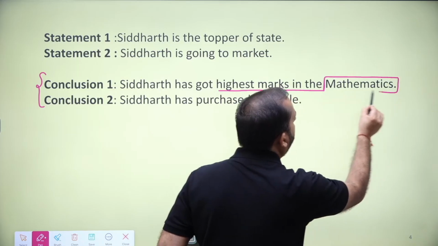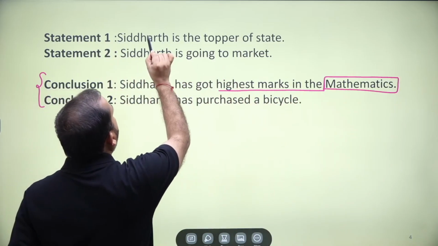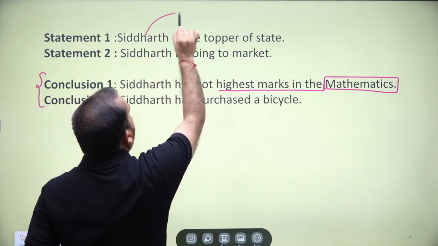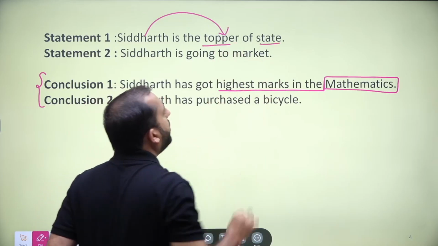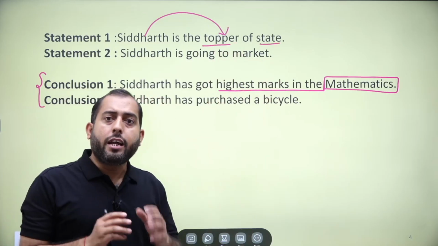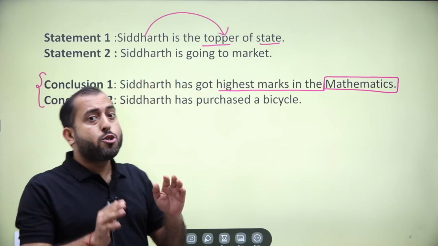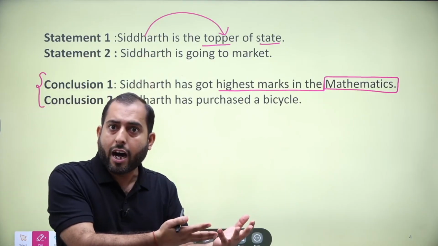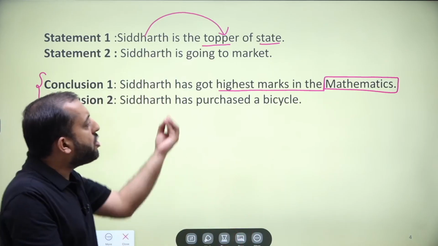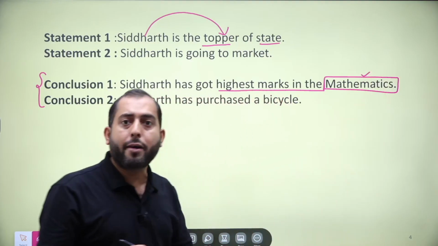Statement 1 is talking about Siddharth and says he is the topper of the state. Statement 1 is not telling us anything regarding the subjects of Siddharth. So I cannot say whether Siddharth has got the highest marks in mathematics or not.